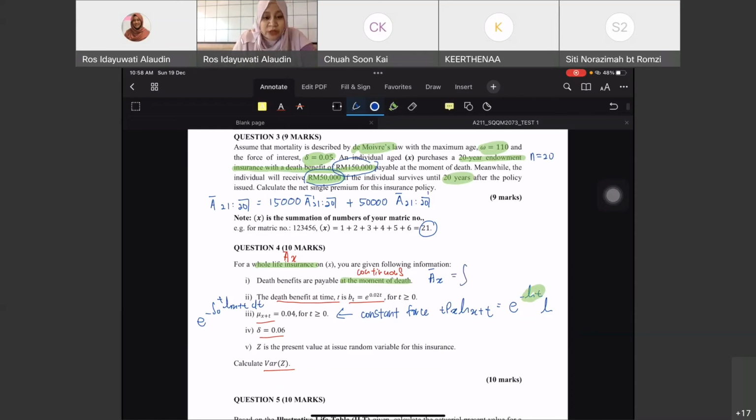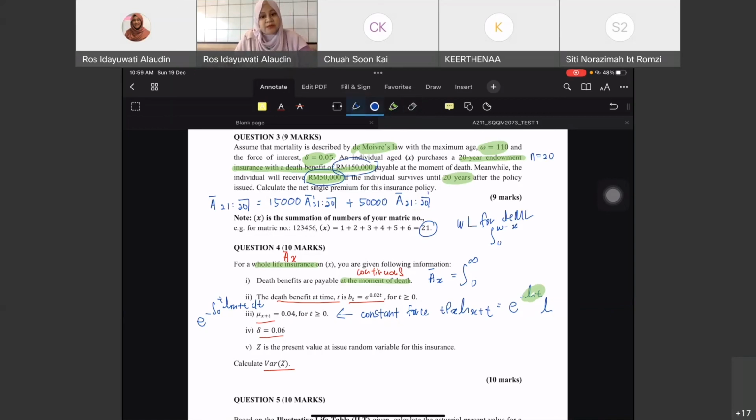For constant force, the upper bound must be 0 to infinity. But for whole life under De Moivre's law, the upper bound is omega minus x. For constant force, the upper bound is 0 to infinity.